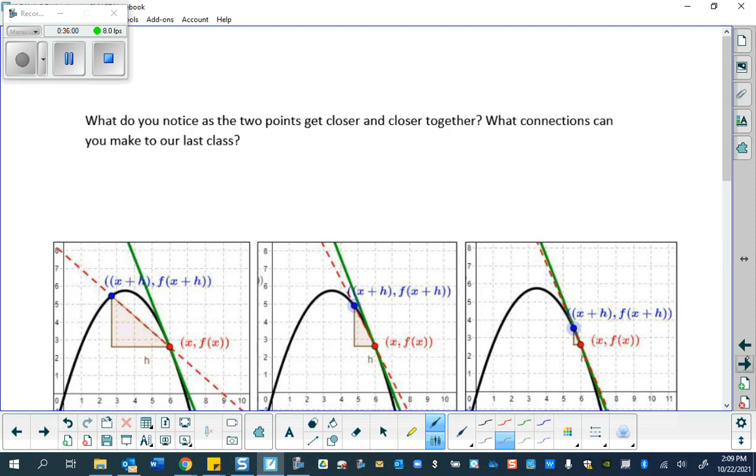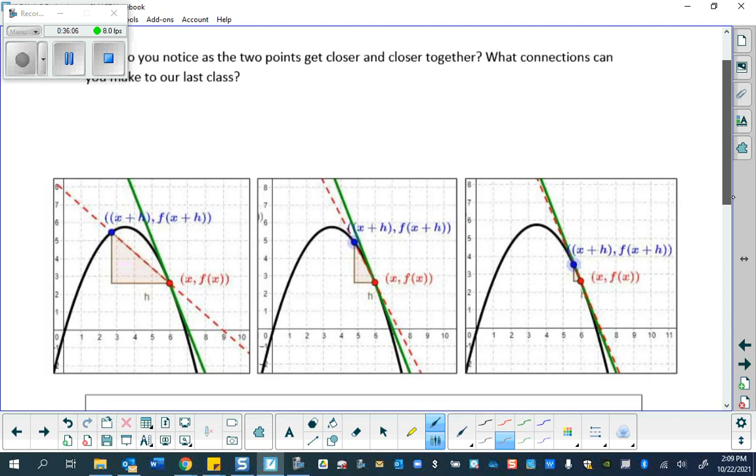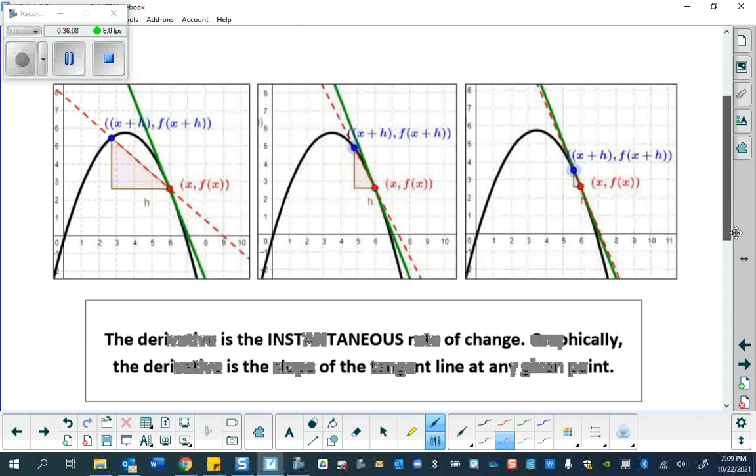All right. So when you look at these two graphs, what do you notice as the 2 points get closer and closer together? What connections can you make from our next class? So what I want you to do is take a look at the green, and you all have colored pencils and straight edges at your desk. Take that straight edge, please. There should be enough for everybody. If there's not, I'll get you more.